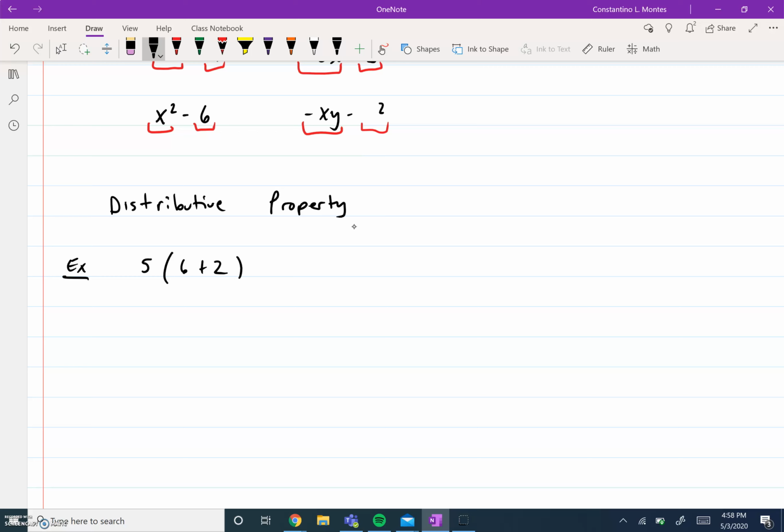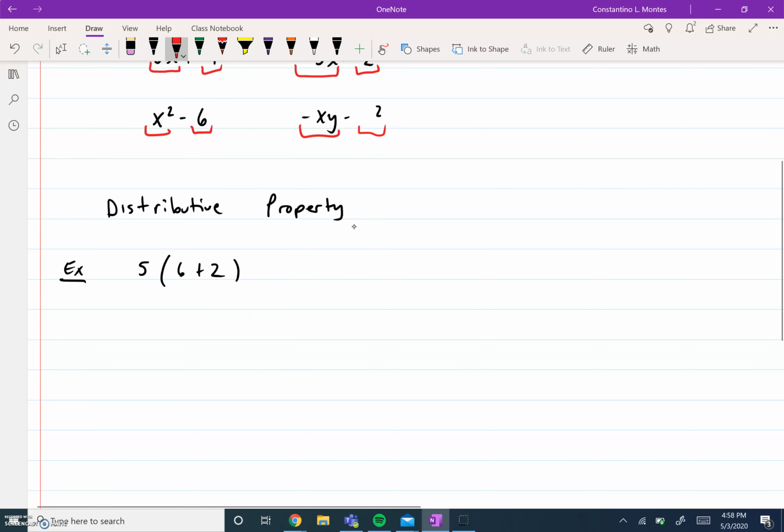But there's another way to do this, and we can simplify using the distributive property. The distributive property says that I can take my 5, which is on the outside of these parentheses, and distribute 5 to 6 and 5 to 2. By distribute, I mean take 5 and multiply it by 6, and then add that to 5 multiplied by 2.